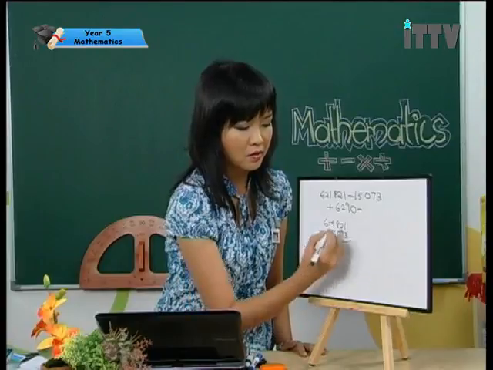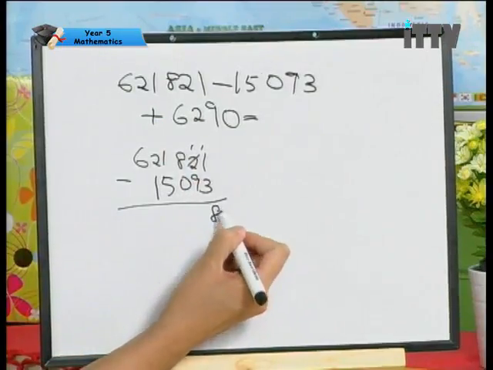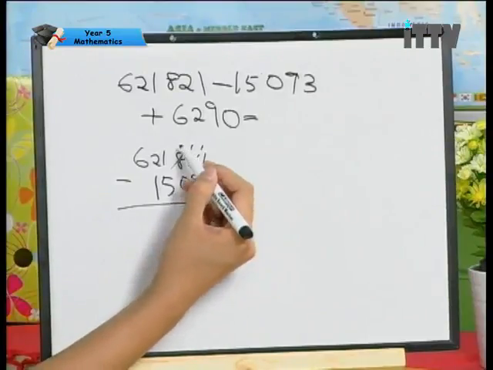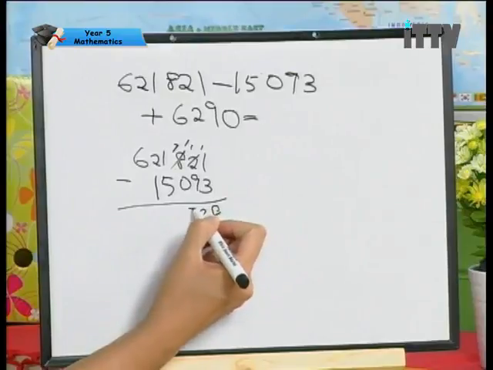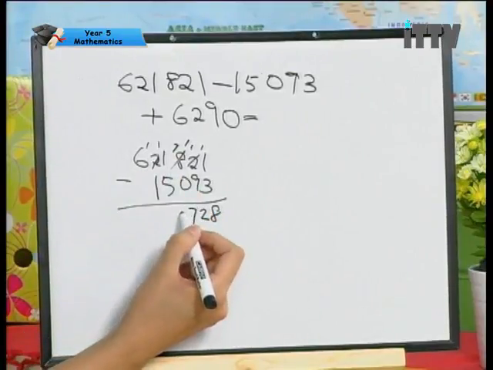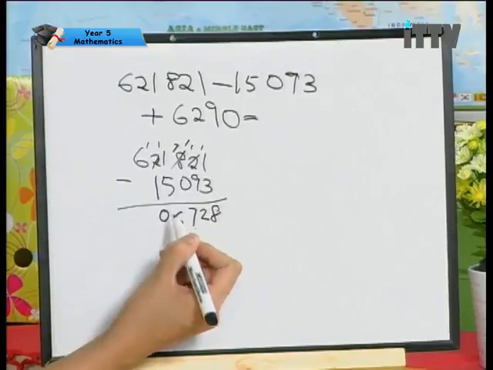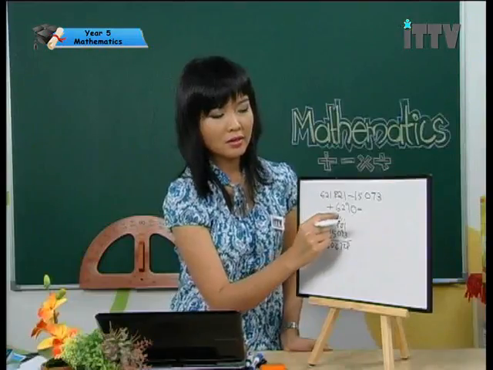Now, we're ready to minus. 11 minus 3? 8. That's not enough. 11 minus 9? 2. 7. Not enough. What do we have? 6, 0, and 6.